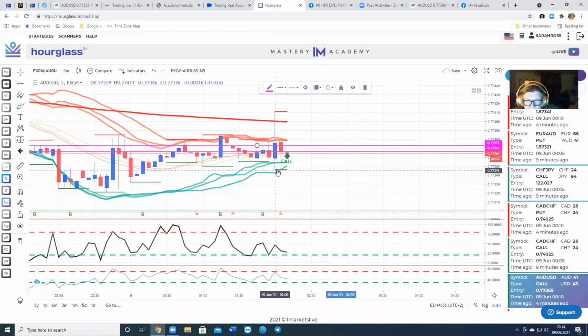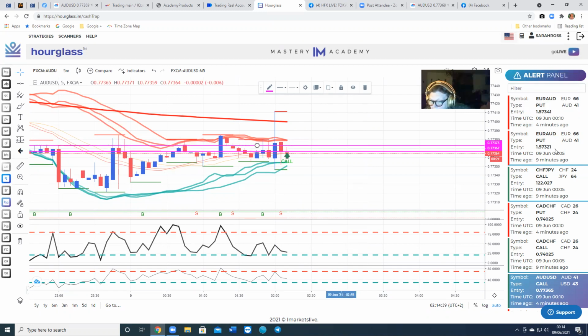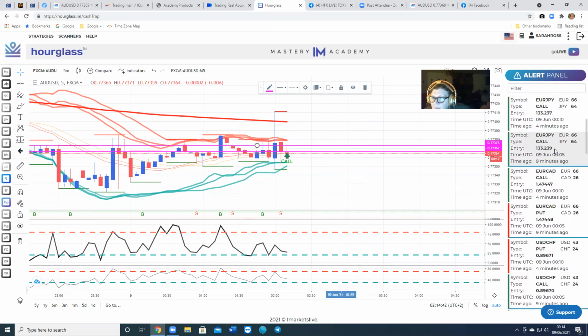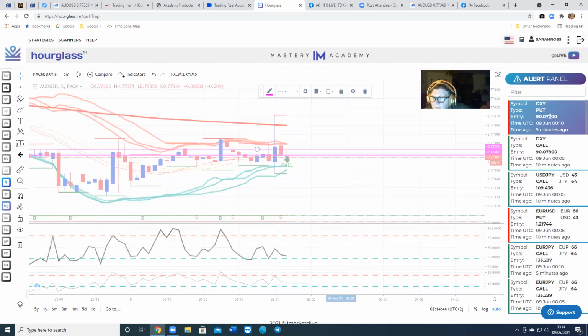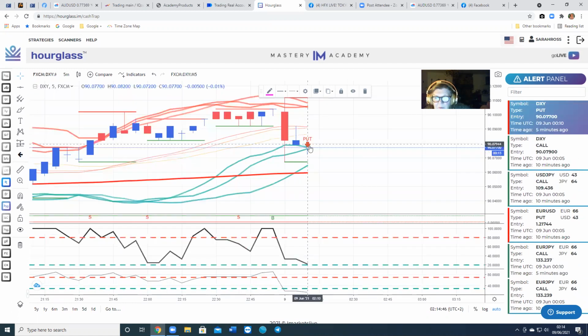So a nice level. What we can do as well is look to see where our DXY is, the dollar basket index. Now that is a put, so that means the Australian dollar is going to be going up. So we don't want to take the Australian dollar for a put unless this turns on the 15-minute for a call.